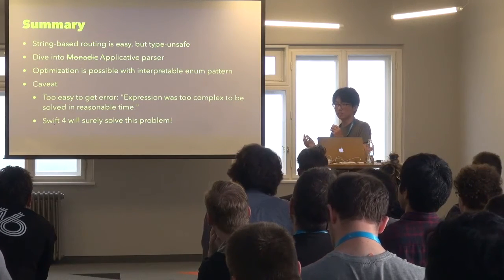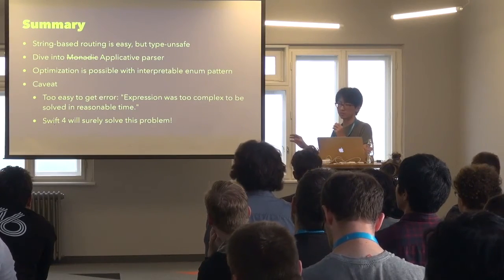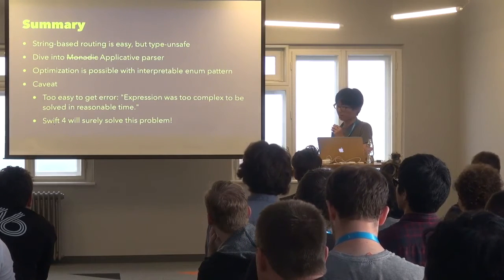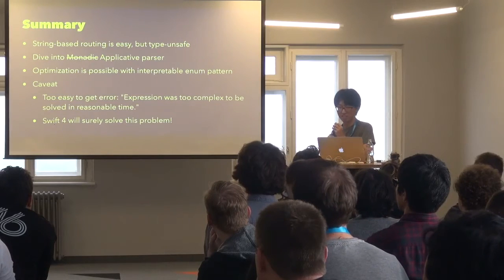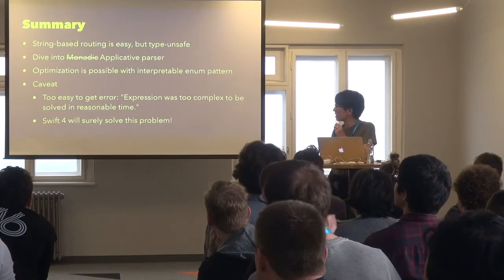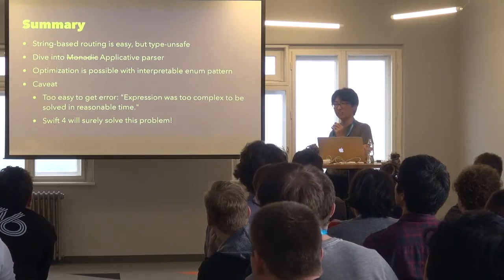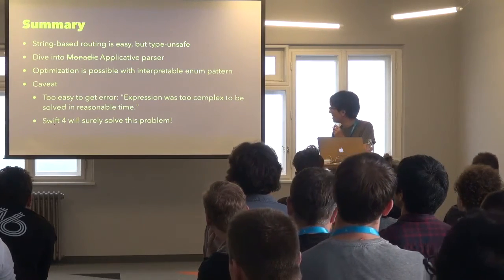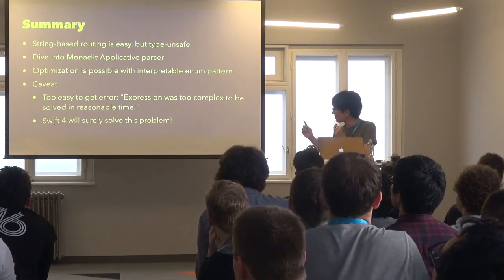And by changing the root type from a function-based struct to an enum-based one, we can now do the optimization. And lastly, here's one big caveat, unfortunately. In current Swift 3, if you write too much functional code, it's too easy to get the error "Expression was too complex."